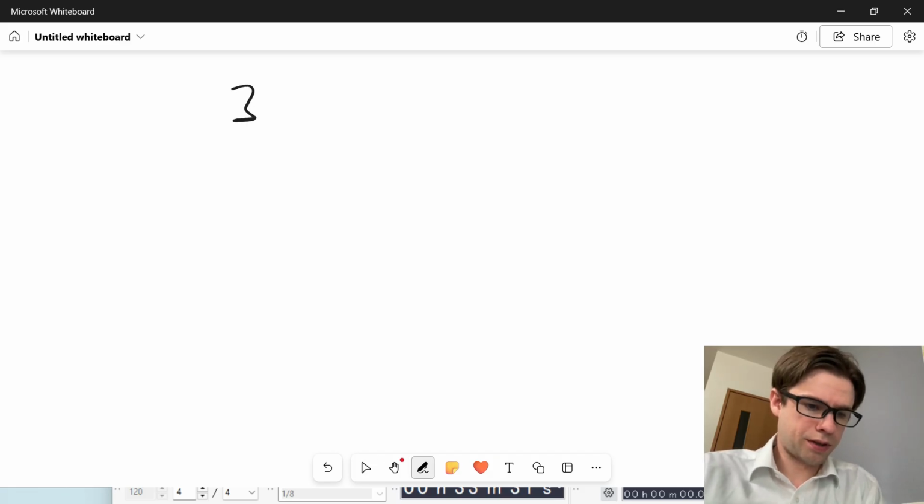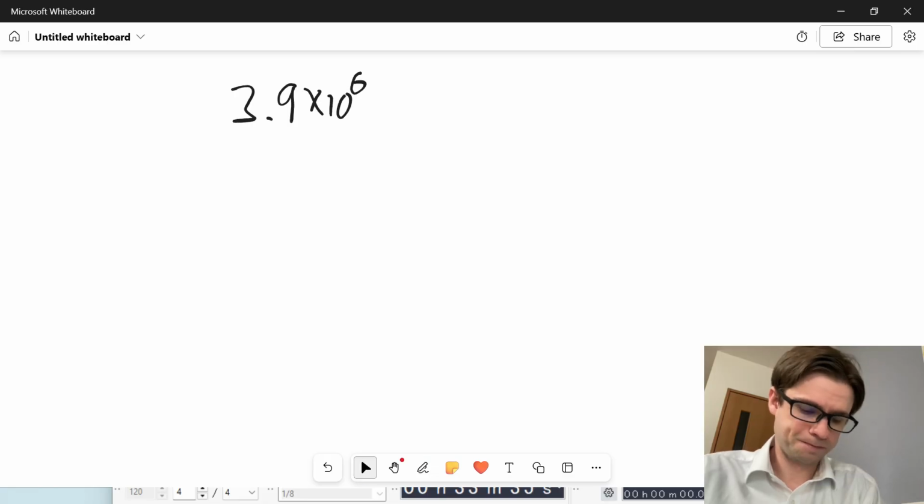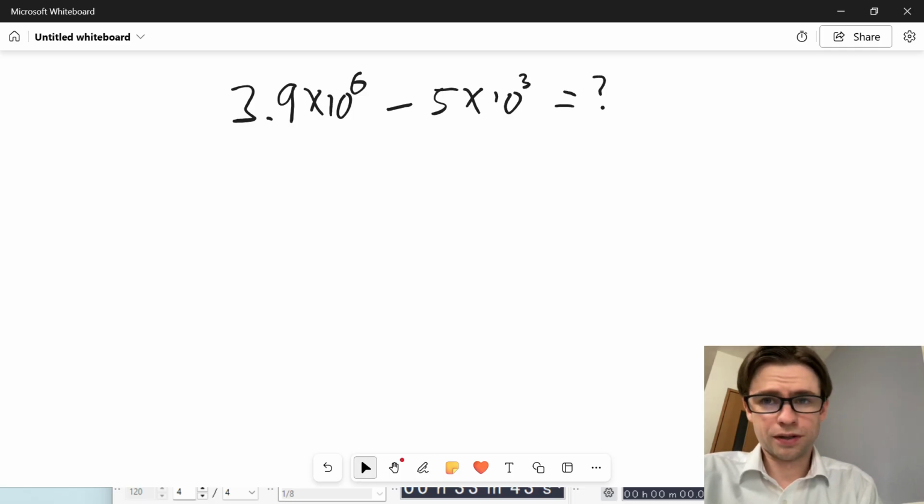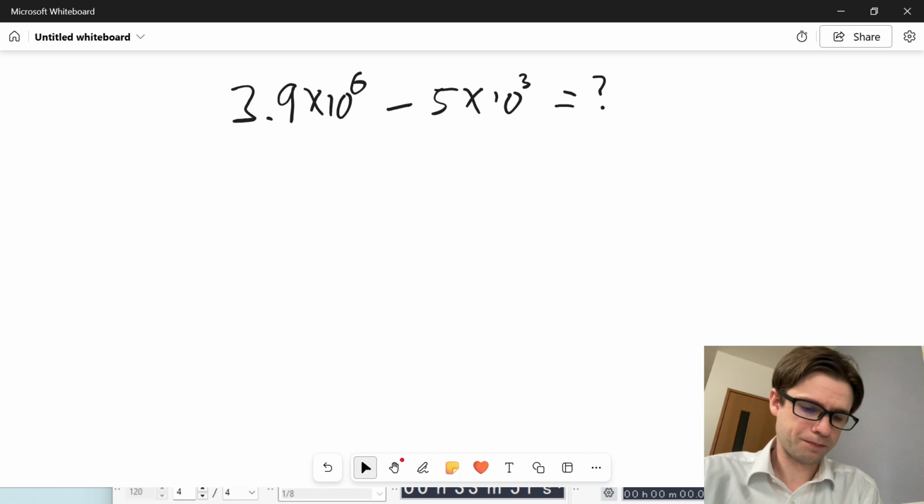So our first question there was 3.9 times 10 to the 6 minus 5 times 10 to the 3. We want to know what that is with correct notation and significant figures. But we cannot easily subtract two numbers that are different powers of 10.